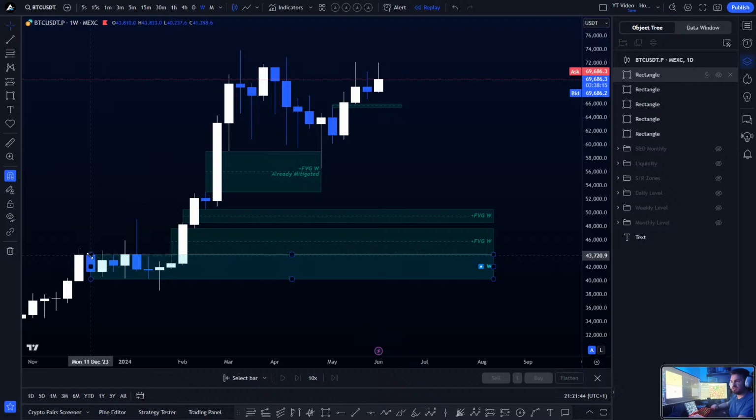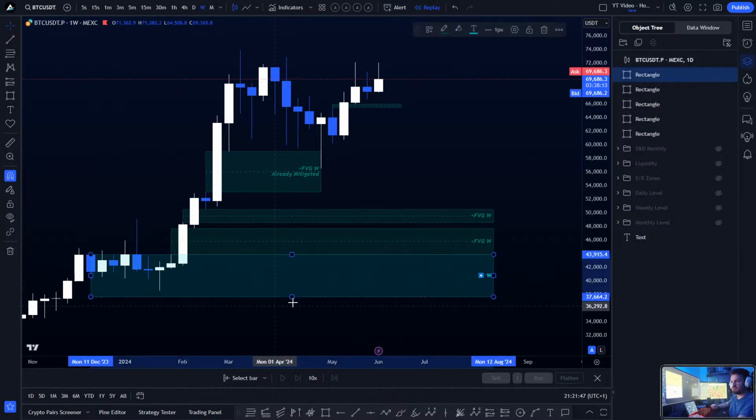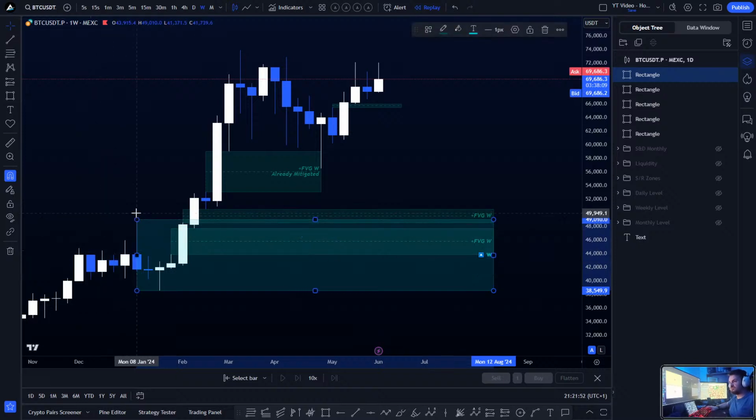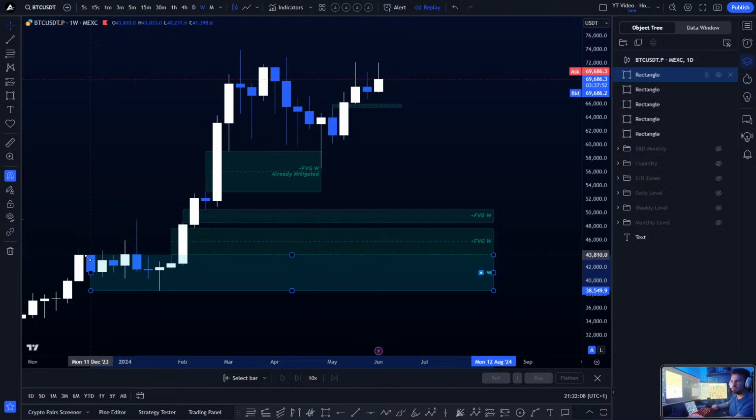For example, technically speaking, this is valid as an order block because that structural high is also inside a fair value gap, and it's a structure point. So this could be where price just stops moving just because of it bringing a previous structure point. But if we want to go into the bulk of the price action, this order block will probably be the general support zone if price comes back here.